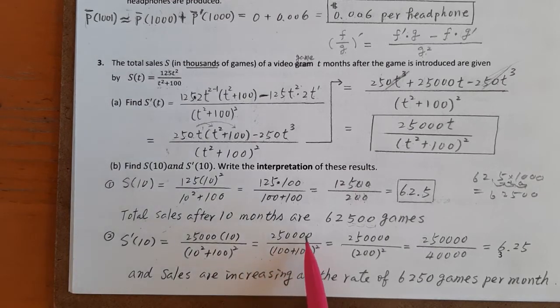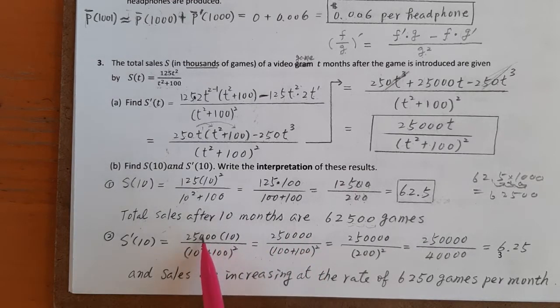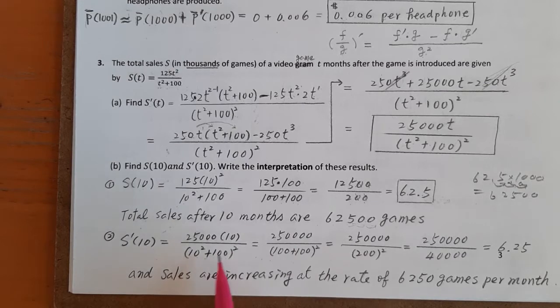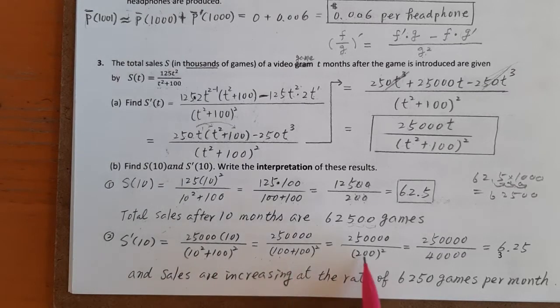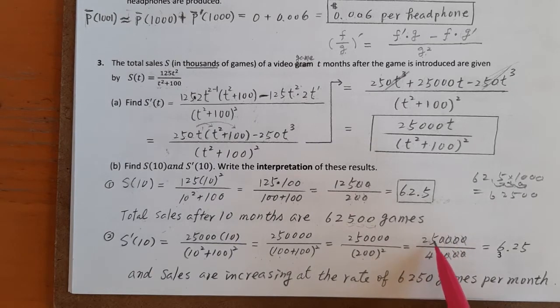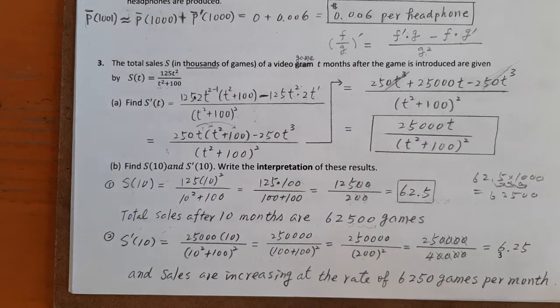So this has a 40. 10 squared is 100. Add 100 is 200 squared. It's 4 followed by 4 zeros, and cancel those zeros. 25 divided by 4 is going to be 6.25 thousand games increase.